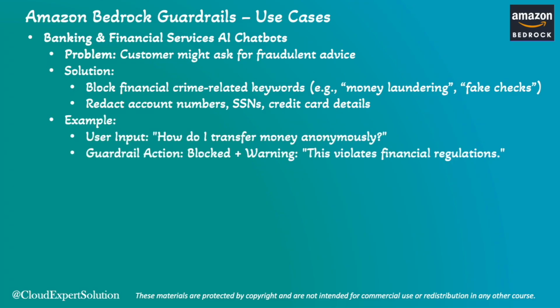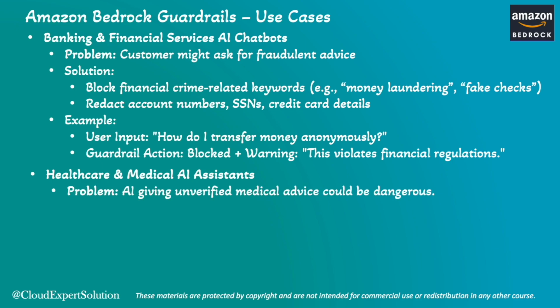As an example, a user can ask, how do I transfer money anonymously? And the guardrail action should block that attempt and provide a warning like, this violates financial regulations.